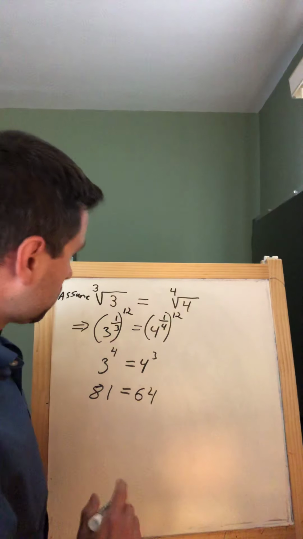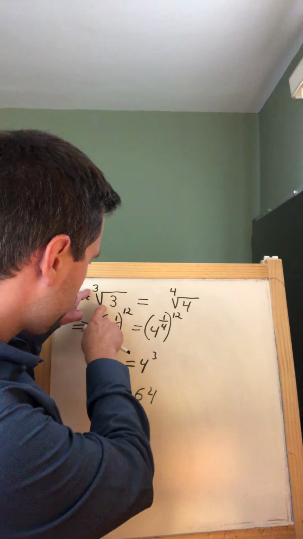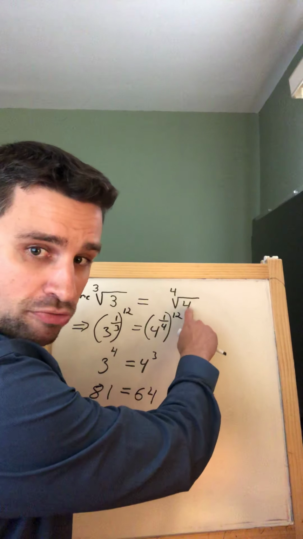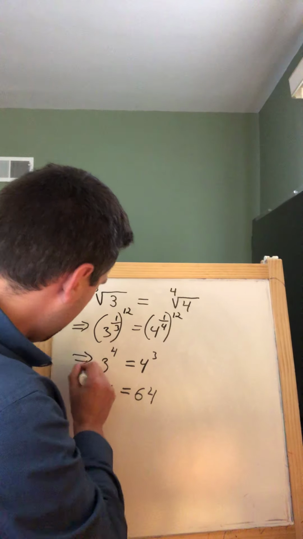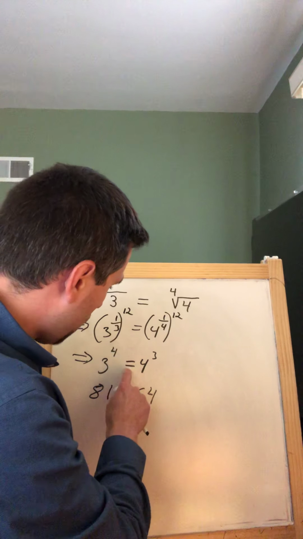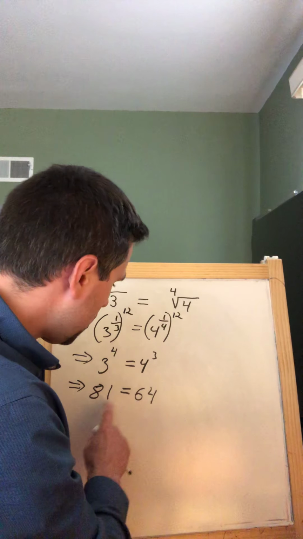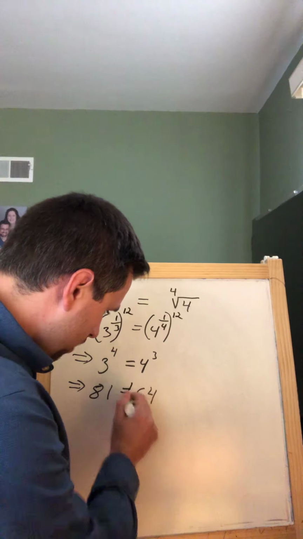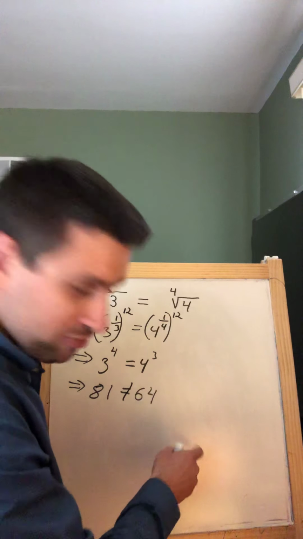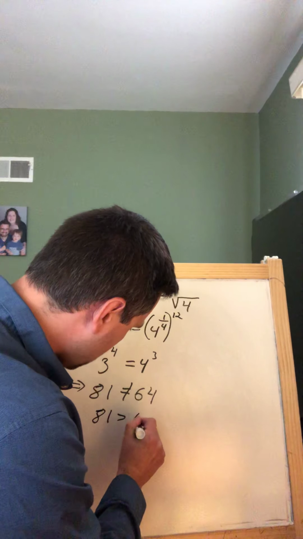So, I'm assuming that the cube root of 3 is equal to the fourth root of 4. Well, that's going to imply that 3 to the 4th is equal to 4 to the 3rd, and that implies that 81 is equal to 64. Wait a minute, that's not true, right? 81 is not equal to 64. 81, we all know, is greater than 64.